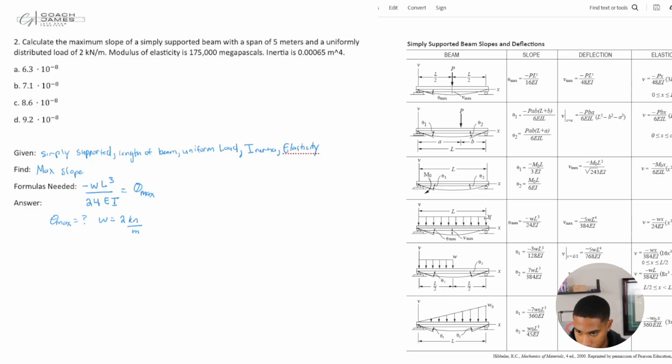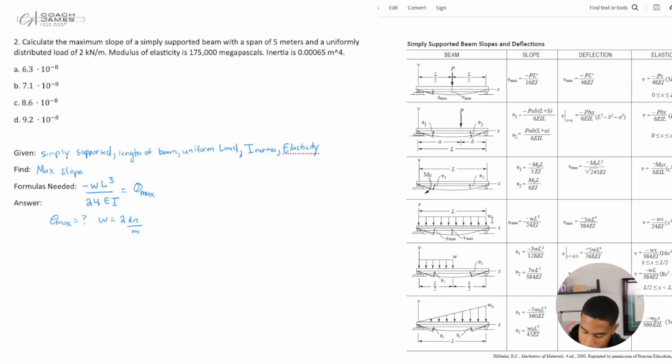So W is 2 kilonewtons per meter, all the way across. It's not going to be 2 times the distance, or the length. It's not going to be 2 times the length of the beam. W is just how much ever the load is distributed by.